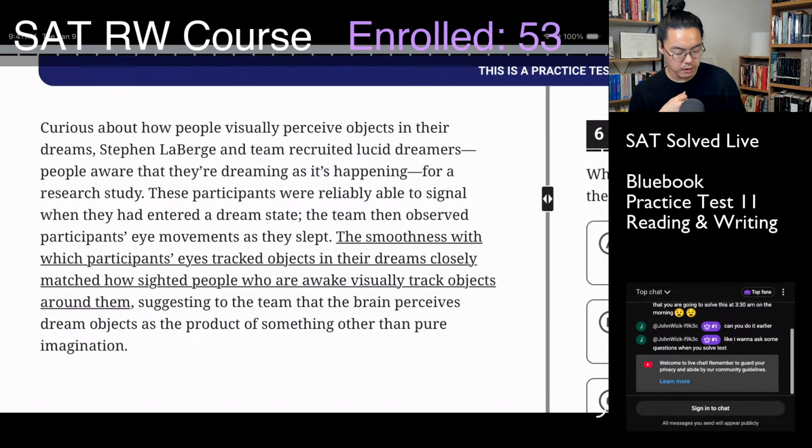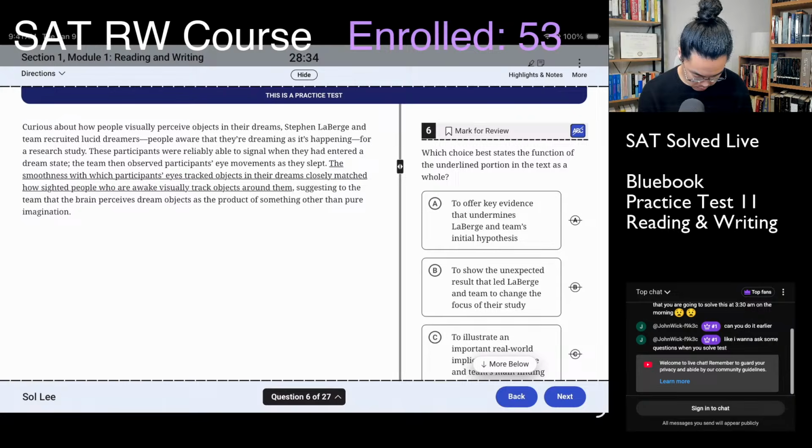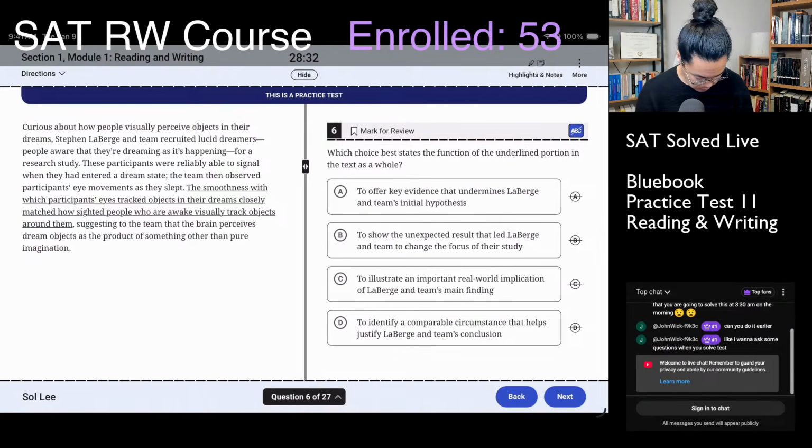Sighted people who are awake visually track objects. Okay, so it's like they're totally awake. That the brain is perceiving something as real. Okay. So yeah, that is the finding.